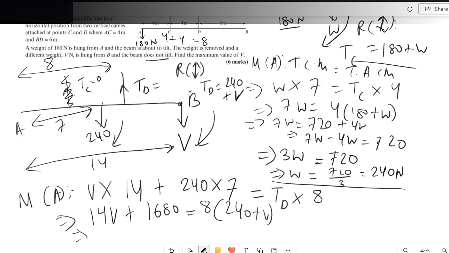Now simplifying, we get 14V plus 1680 is equal to 8 multiplied with 240, which is 1920, minus 8V.